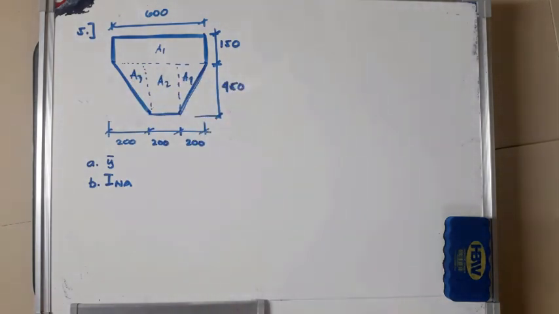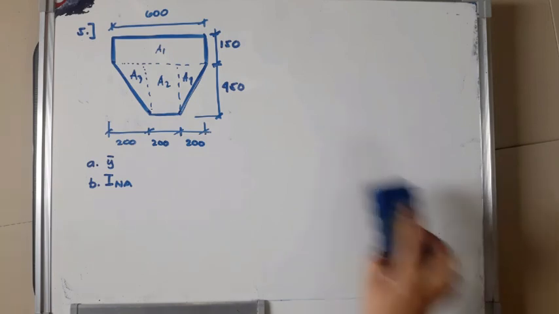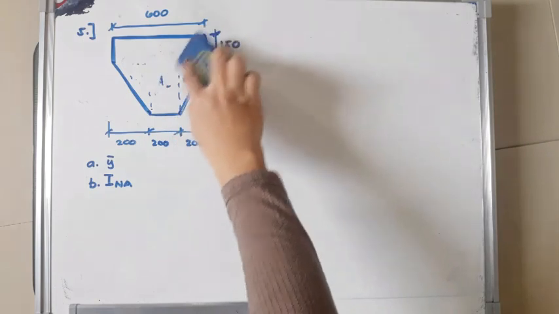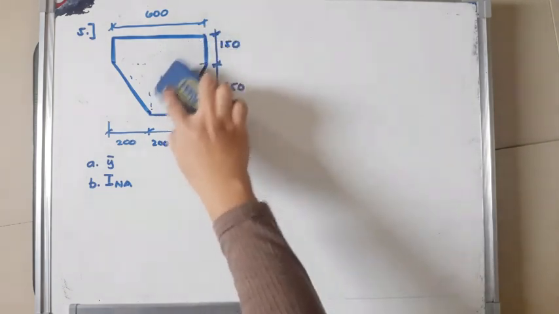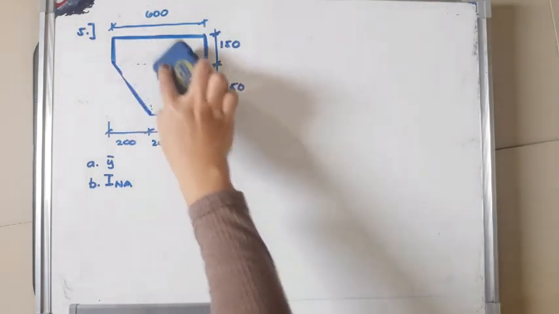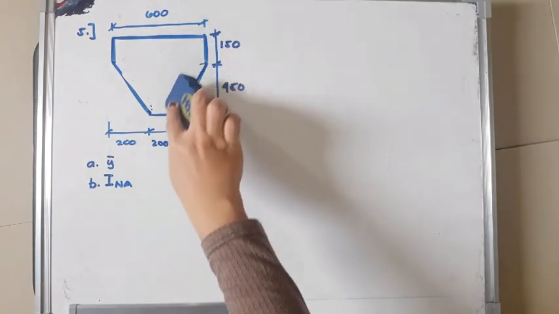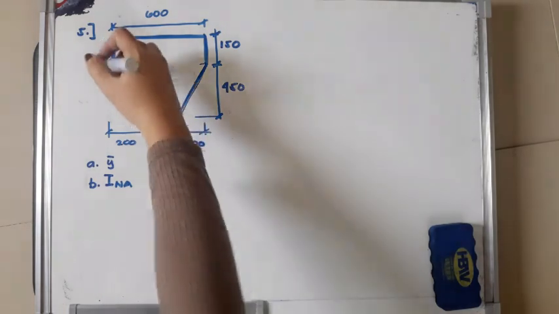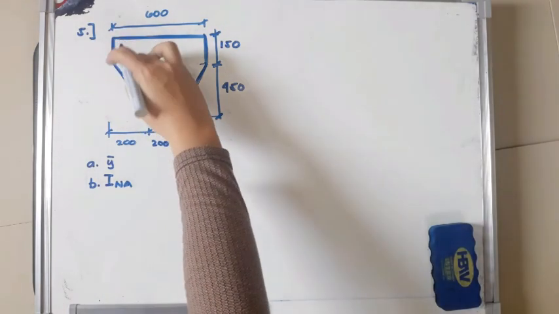We can solve this that way, but then there is a shorter process. So let's try the shorter process, and I recommend you to use the shorter one. So let's erase this. So what will be the process in solving this example?